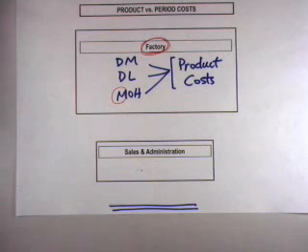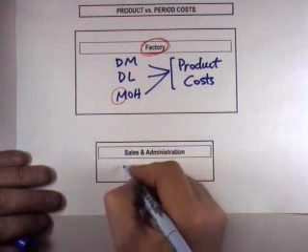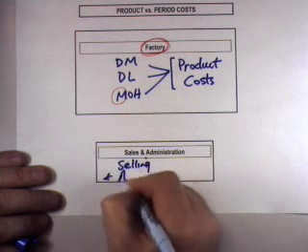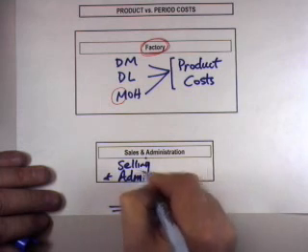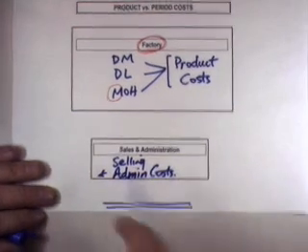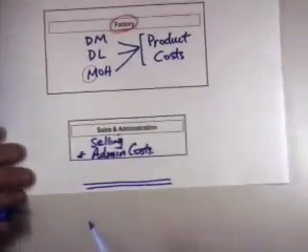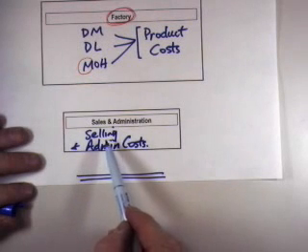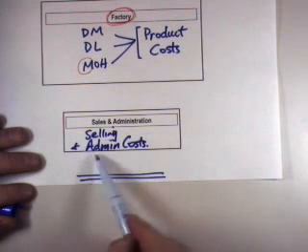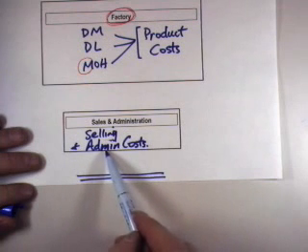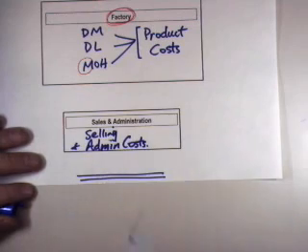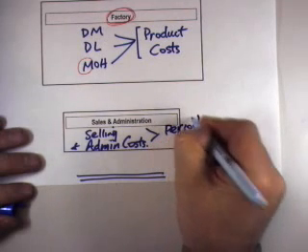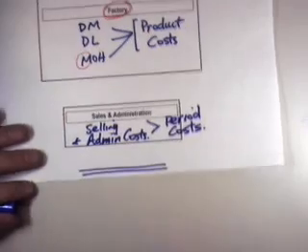Now, down in the sales and administration, we have the selling and administrative costs. So there's where you'd keep the costs related to the salespeople, the sales supervisors and managers, the CEO, those who are the administrators, the executives in the company. And all of these are referred to as period costs because they go on the income statement at the end of the period.